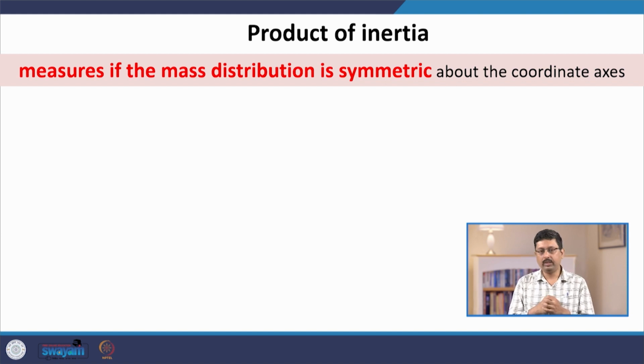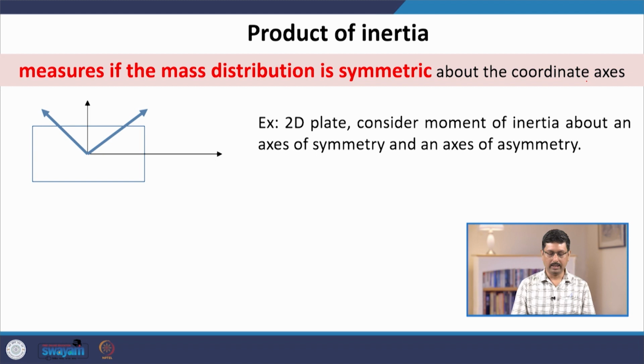Now, often we also want to capture another aspect of the mass distribution, which is whether this mass distribution is symmetric or asymmetric about our chosen axis. And here we need to introduce the concept called product of inertia, which measures whether the mass distribution is symmetric or not about our chosen coordinate axis.